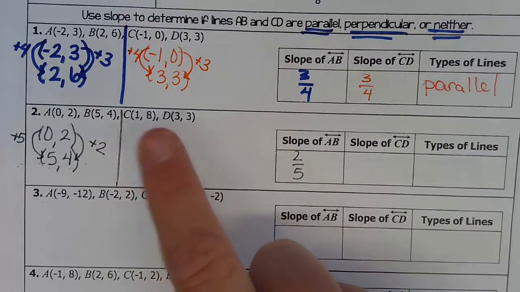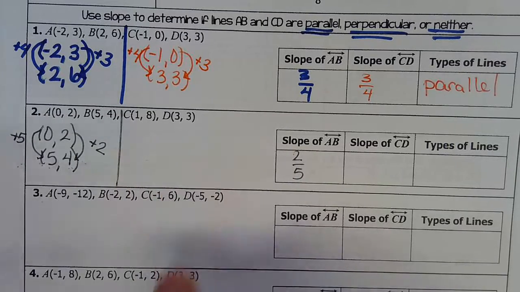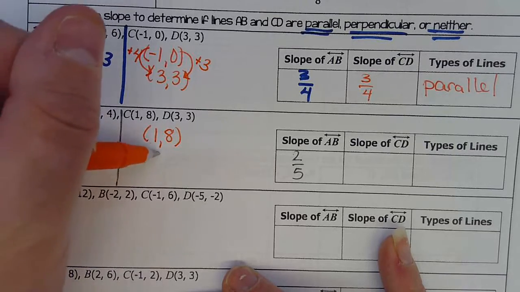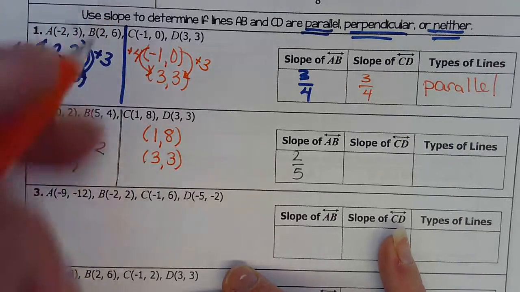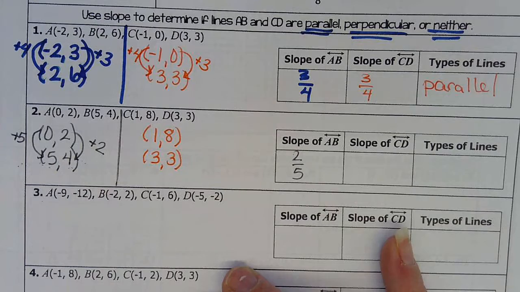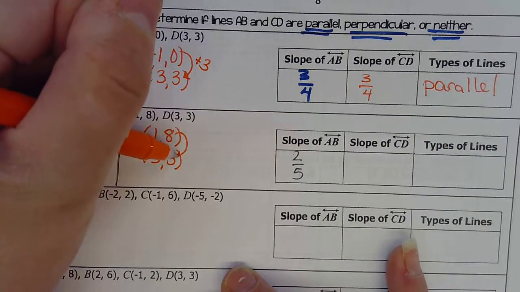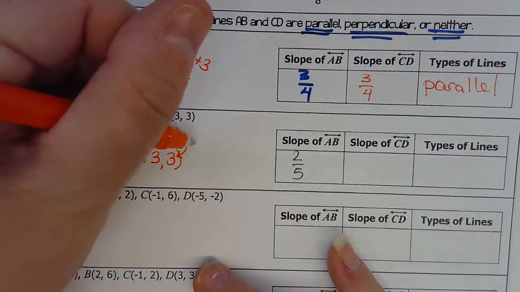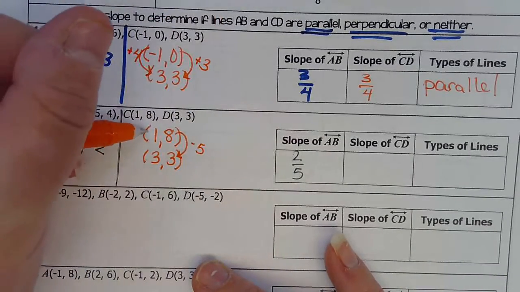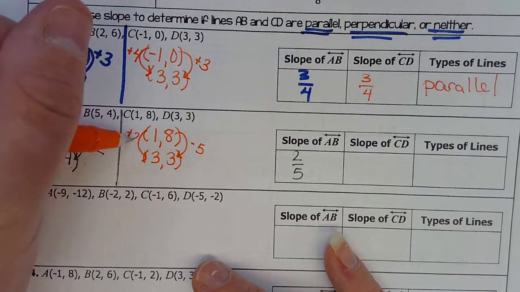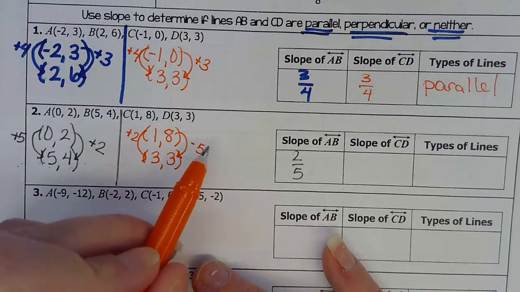Now I'm going to do the same thing for the other set of points. I'm going to stack them. I have 1, 8, and then 3, 3. So how do I get from 8 to 3? -5. And how do I get from 1 to 3? +2. So when you write your fraction, you write it right over left.